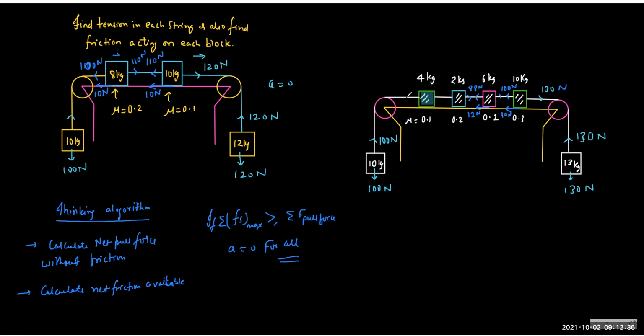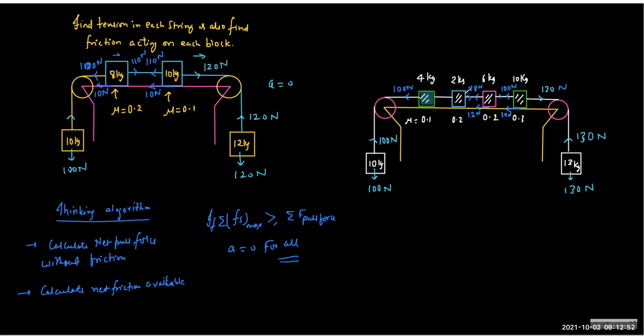Now come from this side. The last block you need to be very careful, because here the 100 is already there. And you can see that by the time you're coming to the sixth block, the tension has gone down to 88. So the other tension is going to be definitely less.